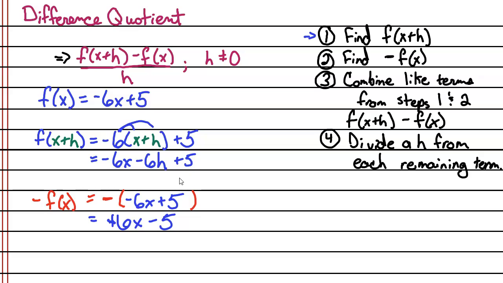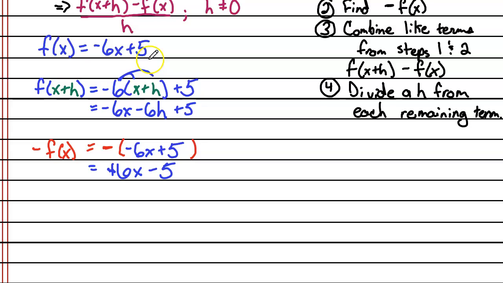Now I'm going to put all of this together so that I have f of x plus h minus f of x. That's going to be my negative 6x minus 6h plus 5 plus a 6x minus 5.